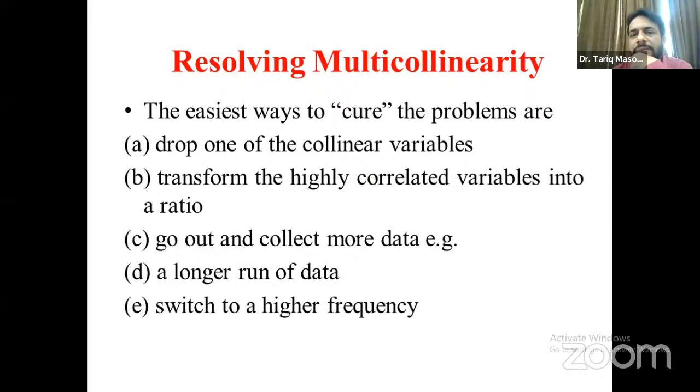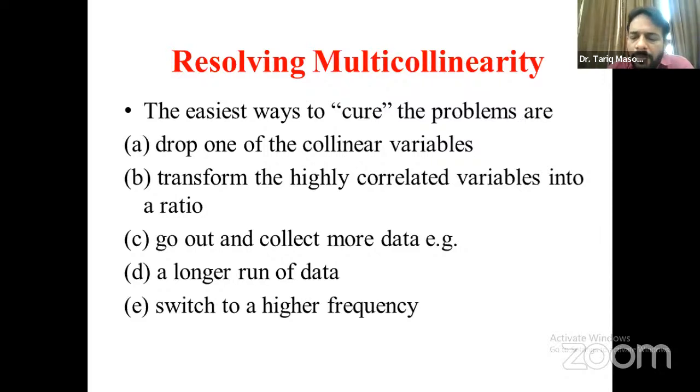But there are a few solutions. You can also use these hit and trial type methods. You can drop one of the collinear variables, if you are not sure about its participation in the model, if you do not have some solid theoretical background for it, and it seems that we can drop this variable.